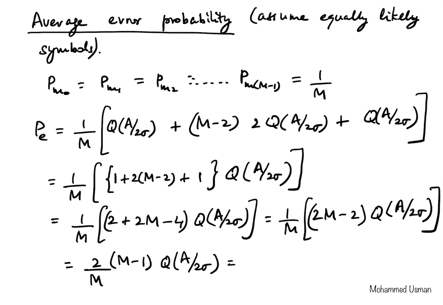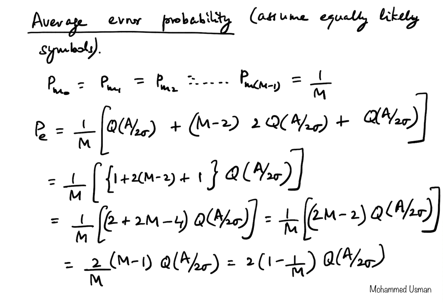Again, I'm just going to take this m inside this bracket now. So it'll become m by m minus 1 by m. So m by m is 1. So 2 into 1 minus 1 by m, Q of a by 2 sigma. So that will be the final answer. Basically what we've done is we simplified this expression so that we get the m only one time.